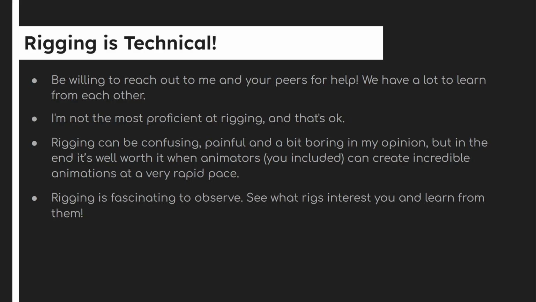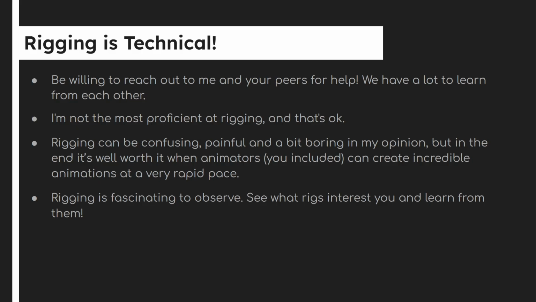Seeing what rigs interest you and learning from them is such a good way to be inspired and to know what to look out for when you're making a rig. For example, it's pretty easy to find humanoid rigs and learn from them, but what's also helpful is looking for humanoid rigs that have a very similar body structure to your character, so you can see how they compensate for the bigger shoulders or the large gut or whatever your character has.